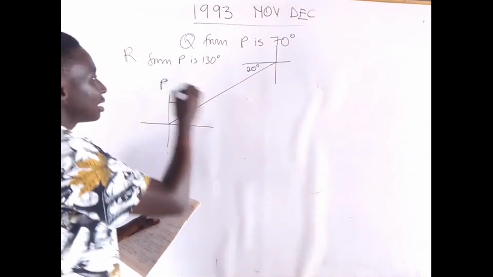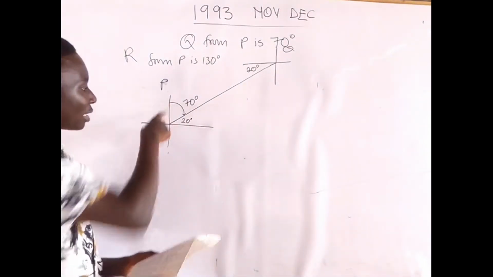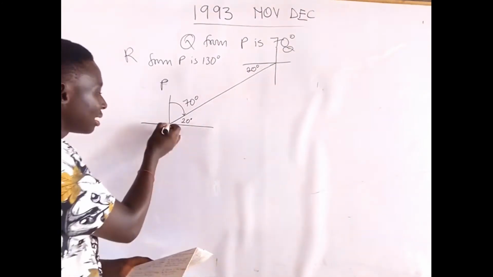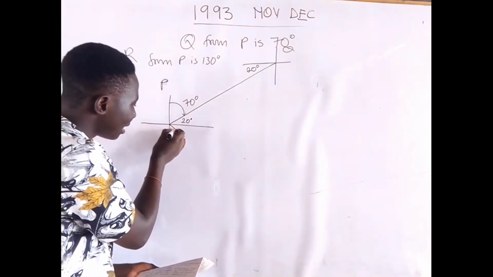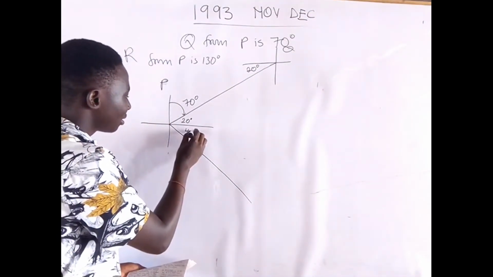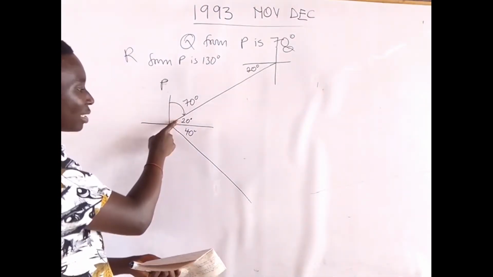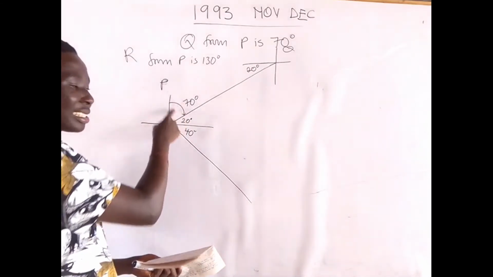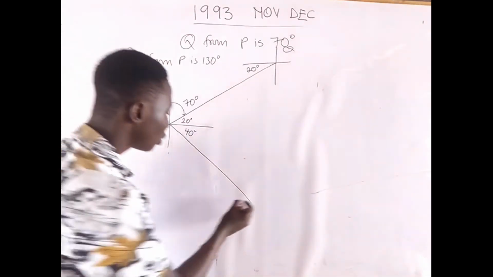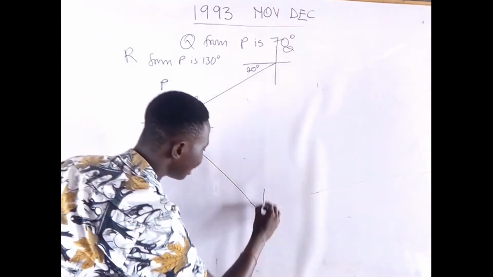So this is P and then this is Q. So 130 from here is 90, plus 40 will be just 130. So this side will be 40. So when we add 70 to 20, we're going to get 90. 90 plus 40 is going to give us 130. So to this point, we are going to get something like this over here.